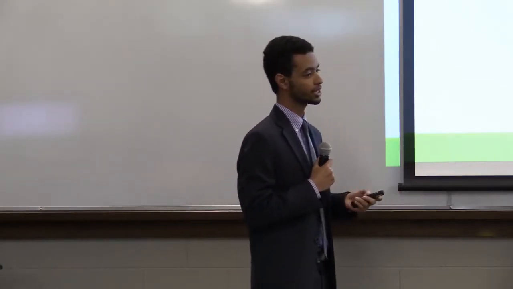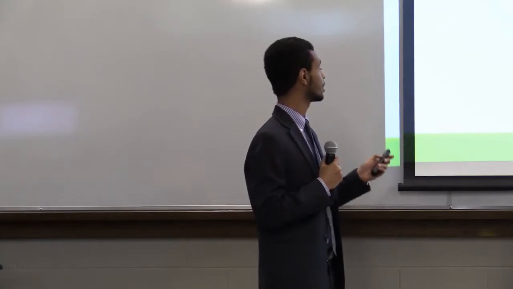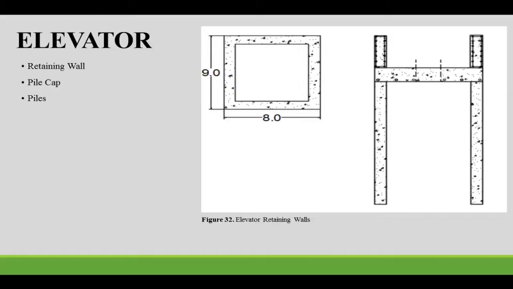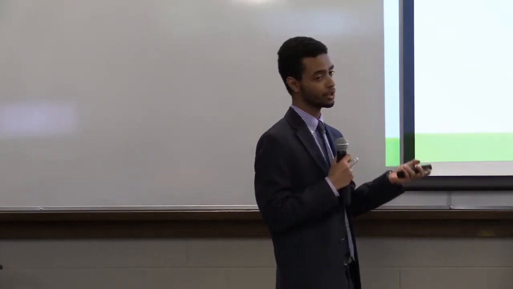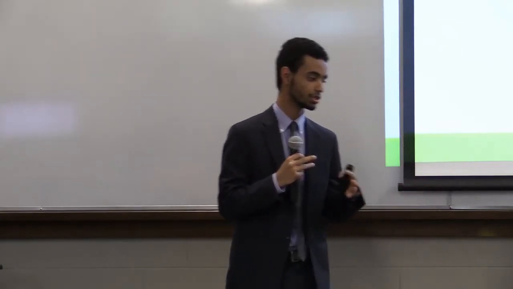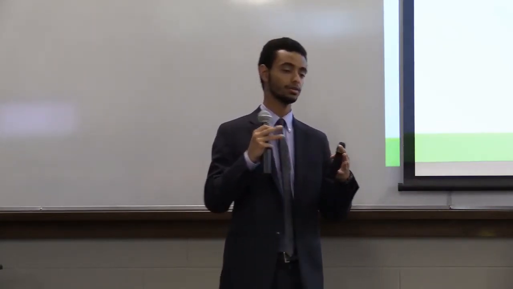The elevators have different components. We have retaining walls, pile caps, and piles. As I mentioned before, the piles and pile caps are there to hold the load of the elevators. A retaining wall, let me just explain, is a wall that handles the pressure from the soil so it doesn't cave into the hole.